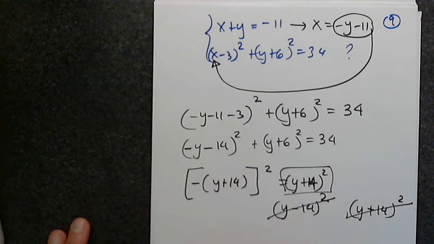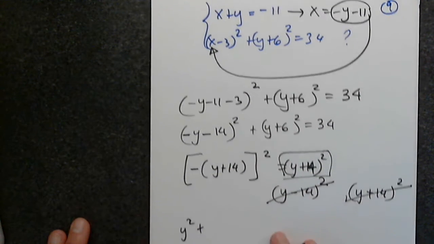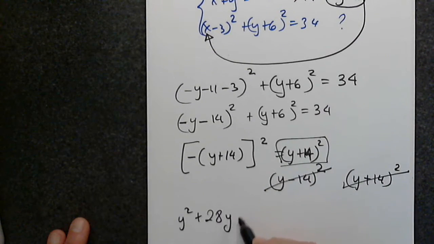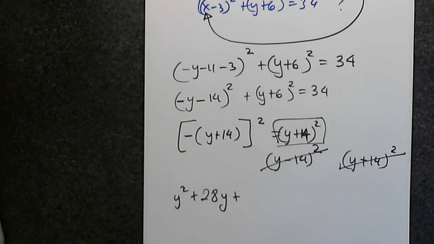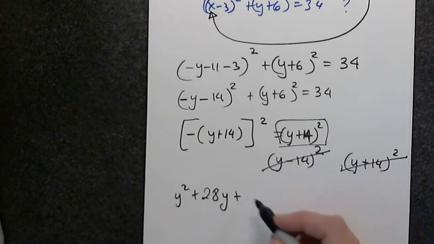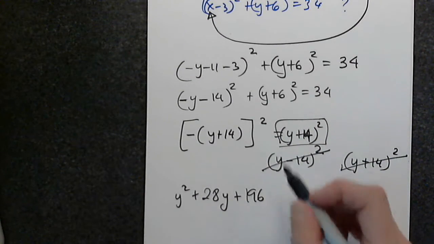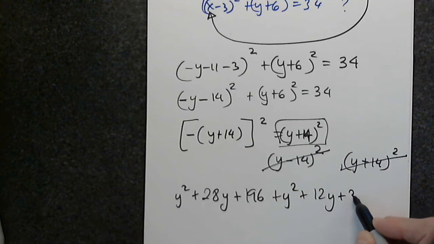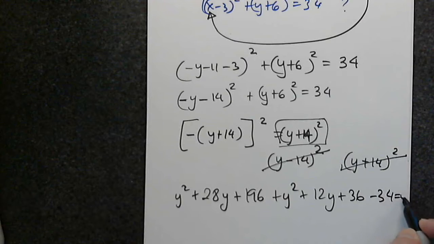So the first term squared is y squared, plus 2 times the first times the second, 28y, plus 14 squared. And then plus y squared plus 12y plus 36 minus 34 equals 0.